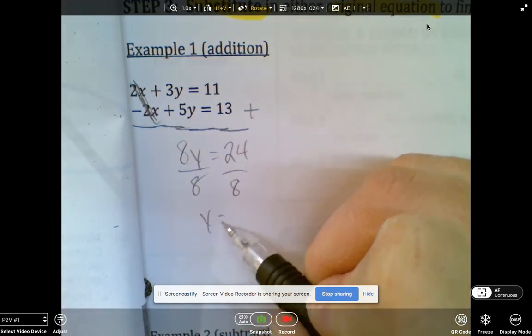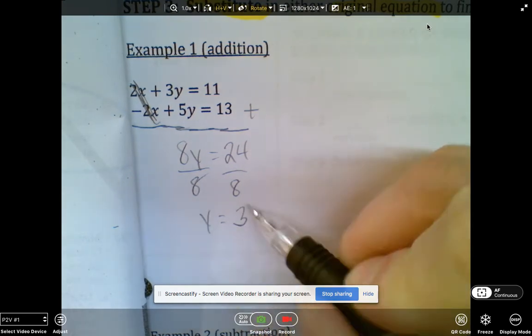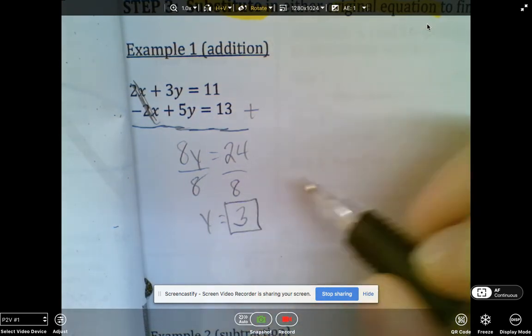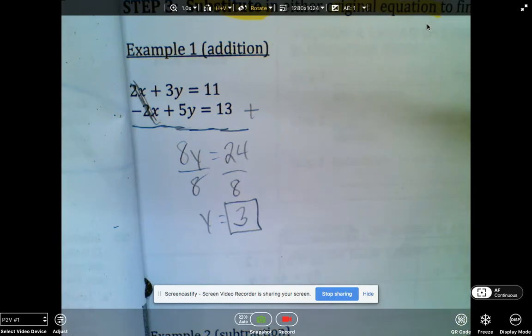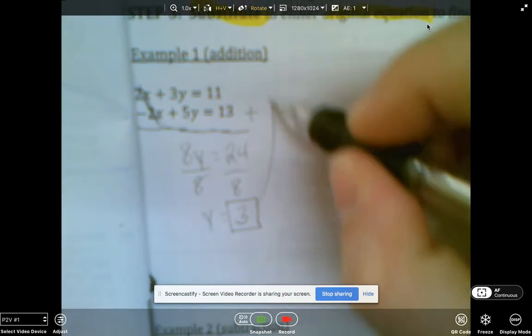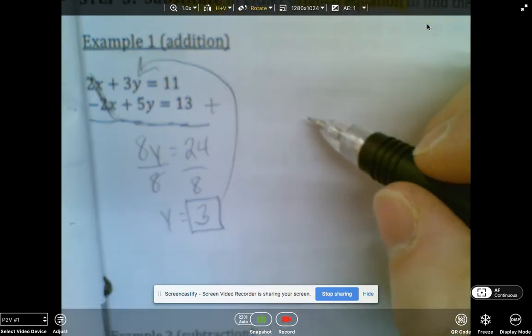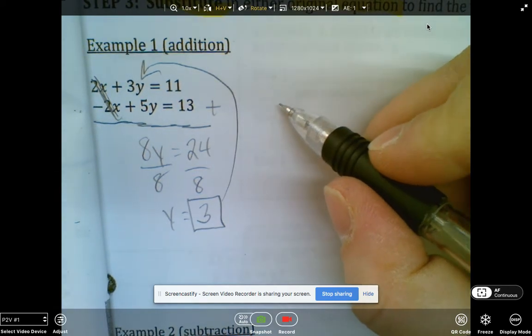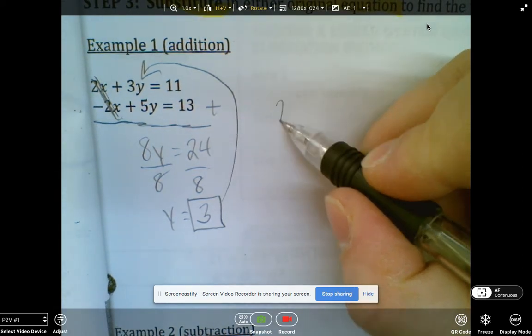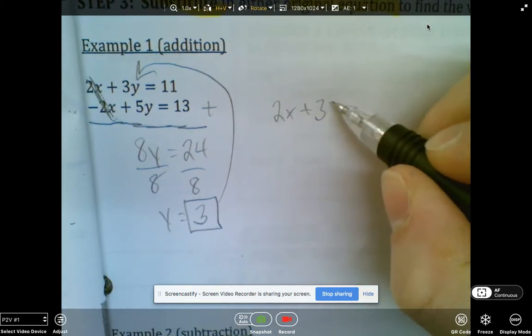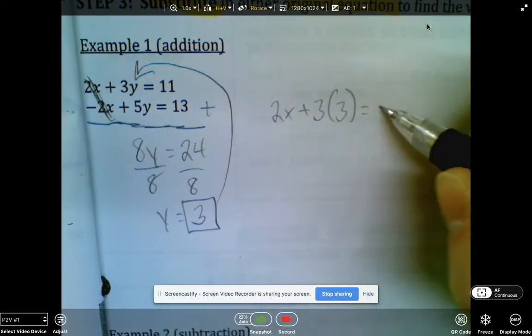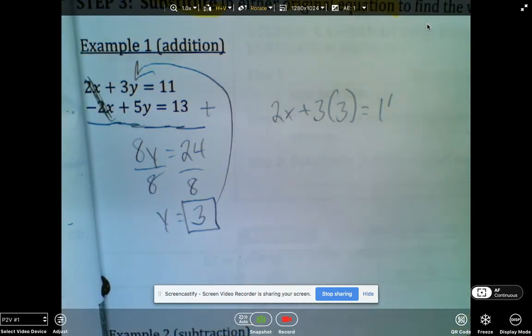and then y must equal 3. So this is going to be what I'm going to use to back sub into one of my equations. I'll just choose the first equation here. So can someone tell me what that looks like when it's substituted? 3 times 3 equals 11.